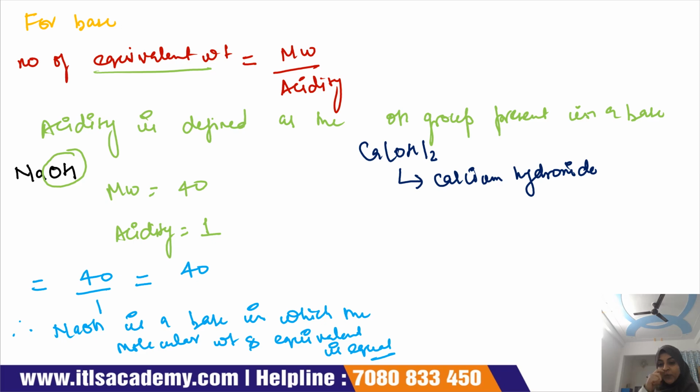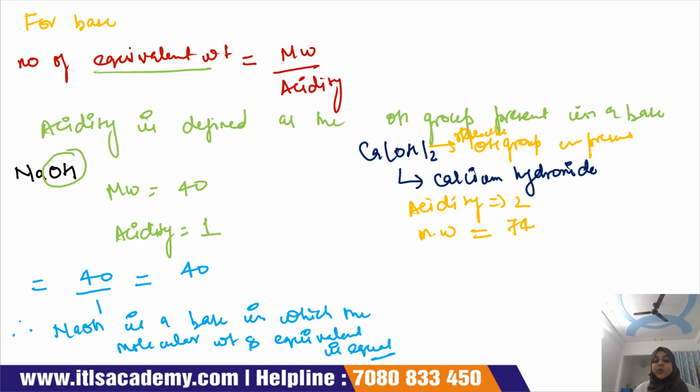Okay. So for this, we know that two replaceable OH groups are present. That means the acidity of calcium hydroxide is 2 and the molecular weight is 74.